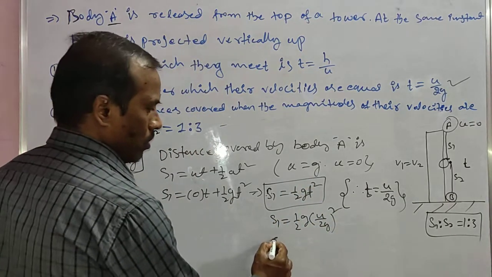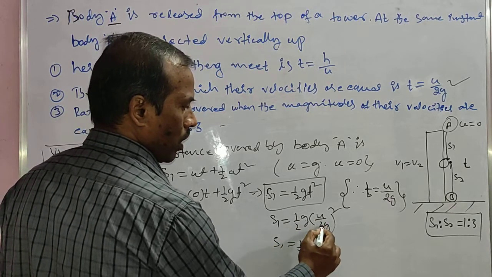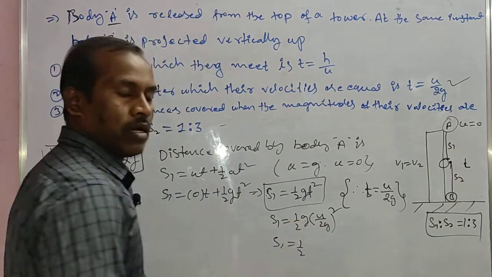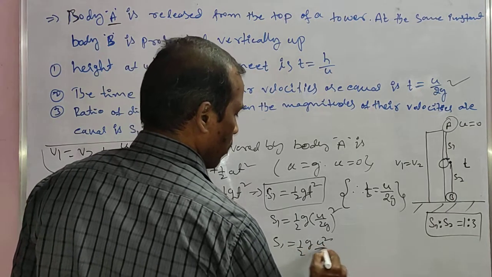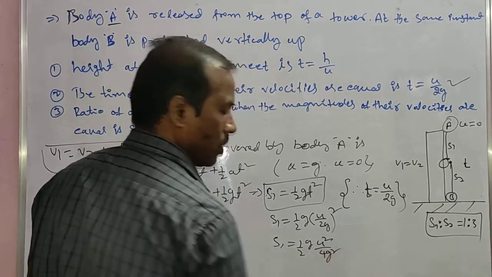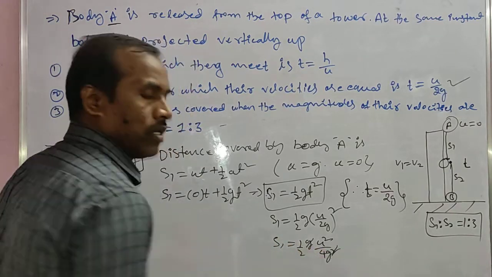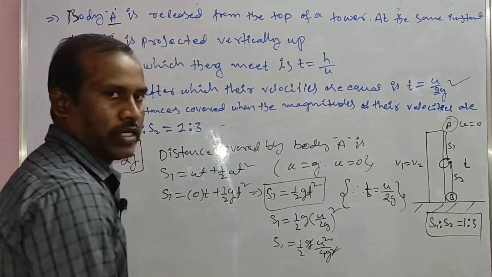So S1 is equal to half g u square by 4 g square. One g gets cancelled, remaining u square by 2 into 4, that is 8.